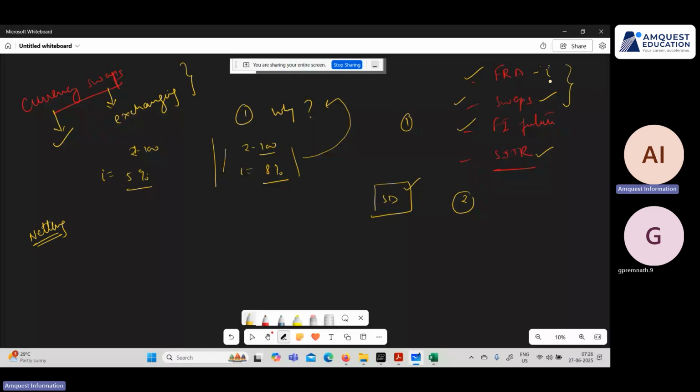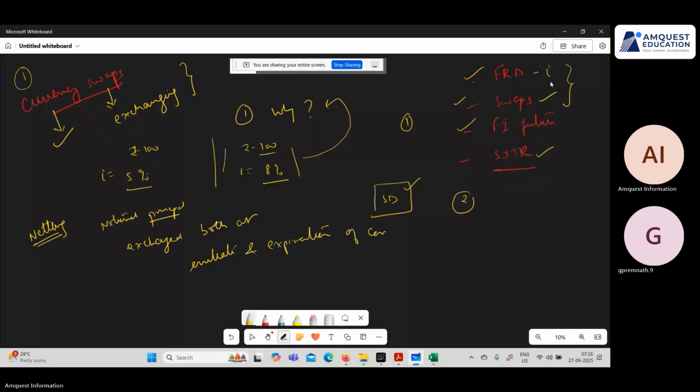But in a currency swap, one of the most important things we need to understand is that the notional principal is exchanged both at initiation and expiration of the contract.